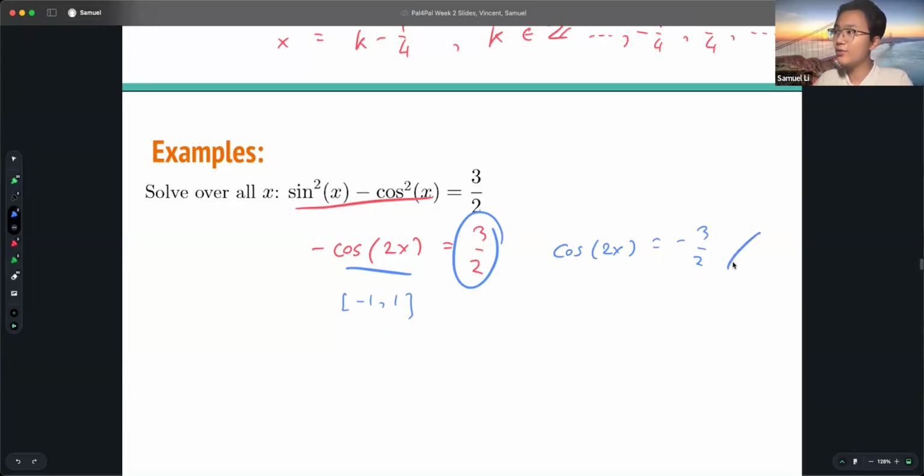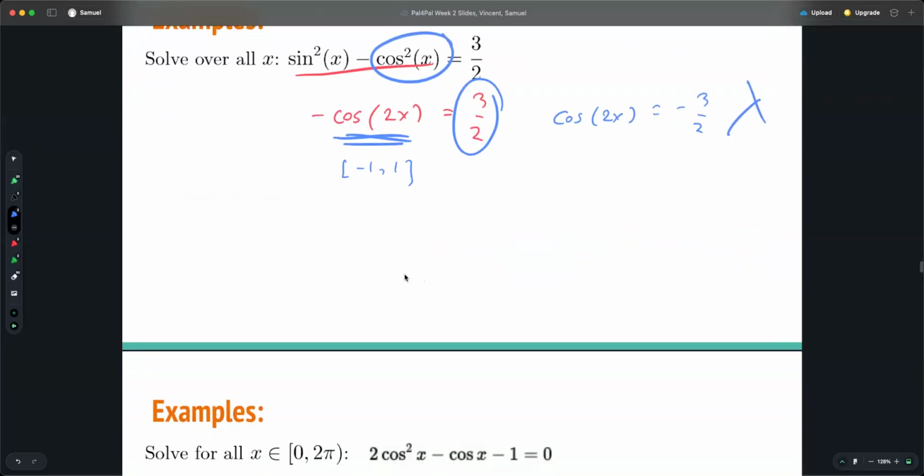So therefore, there are no solutions to this trigonometric equation, which is allowed. There are plenty of trig equations in which there are no solutions. You could use Pythagorean, but this right here instantly reveals that there's no solution to this equation.